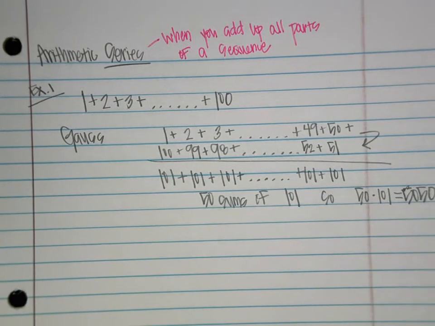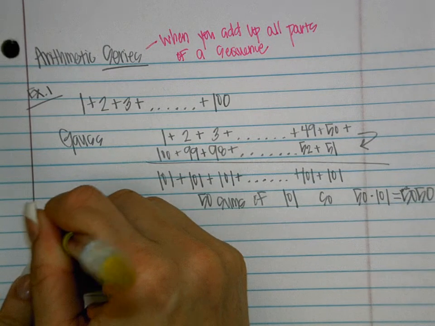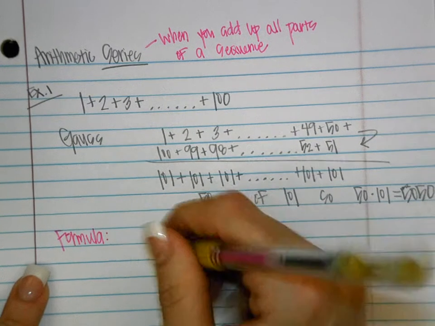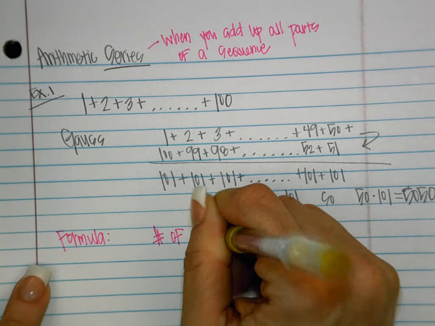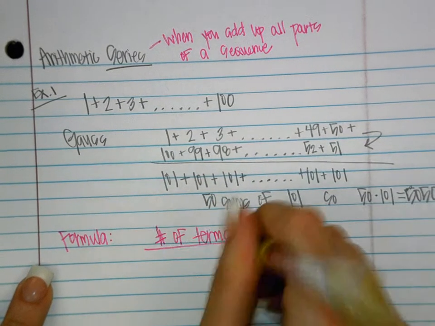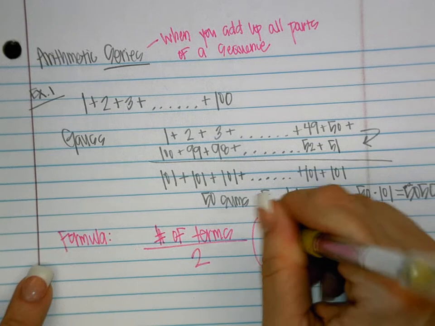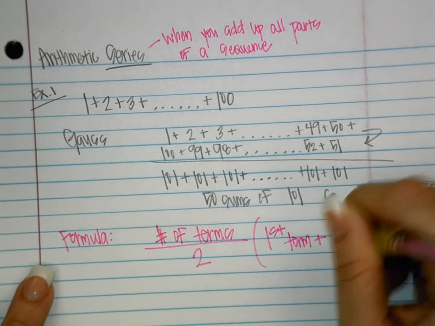He realized that basically he could write a formula for this. The formula that he discovered, or created basically, is the number of terms divided by 2 and multiplied by the first term plus the last term.